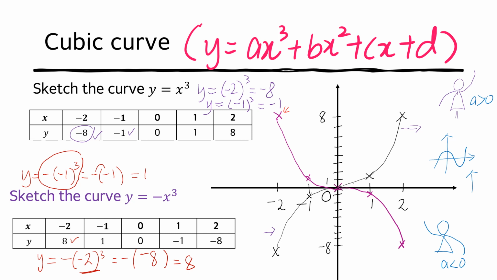If it's 2 x-intercepts, how do I draw it? Okay, this is how you get 2 x-intercepts.